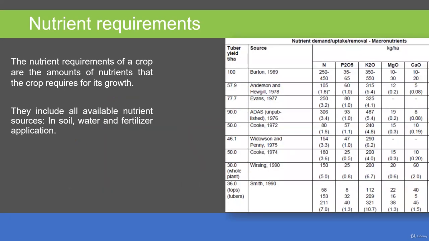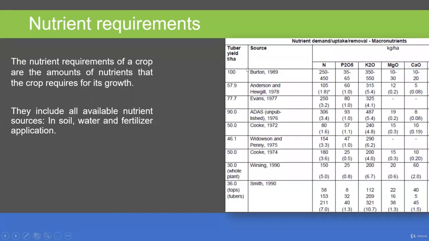Now, what are the nutrient requirements of the crop? The nutrient requirements of a crop are the amounts or rates of nutrients that the crop requires for its growth. This is the actual rates in pounds per acre, kilograms per hectare, etc. Now, the nutrient requirements include all the available nutrient sources, which means in soil, water, and fertilizer application.